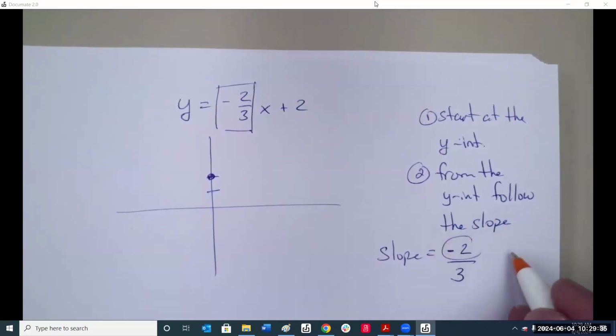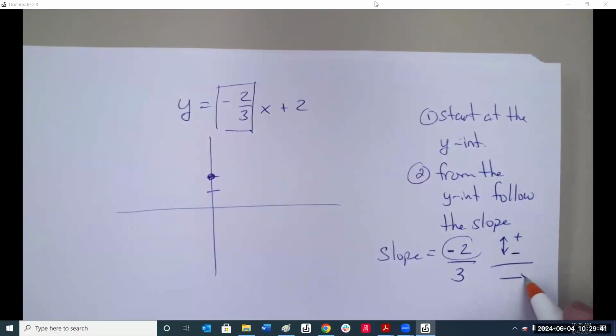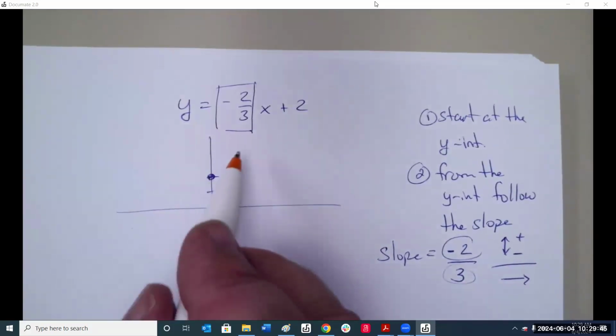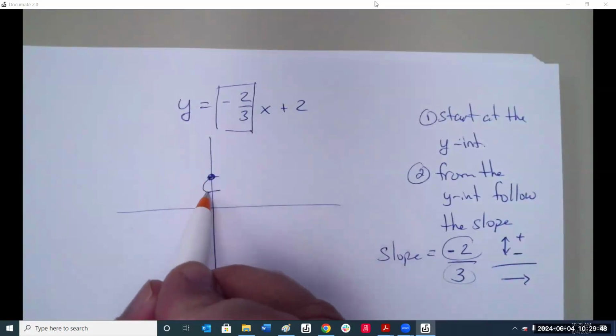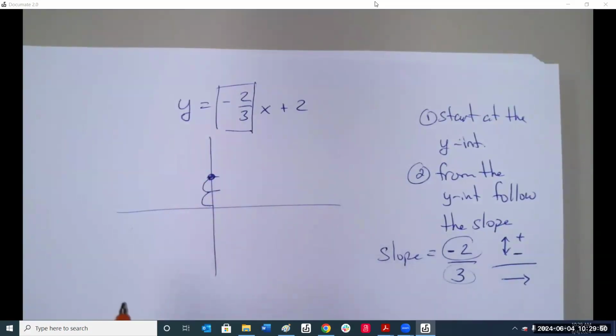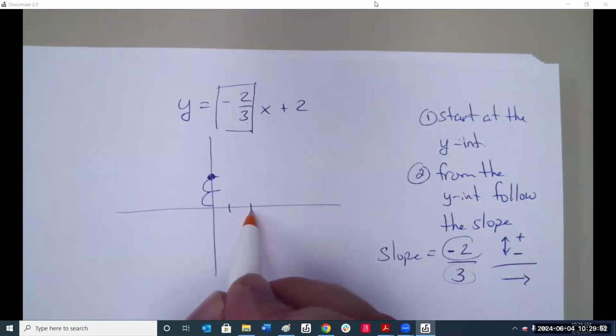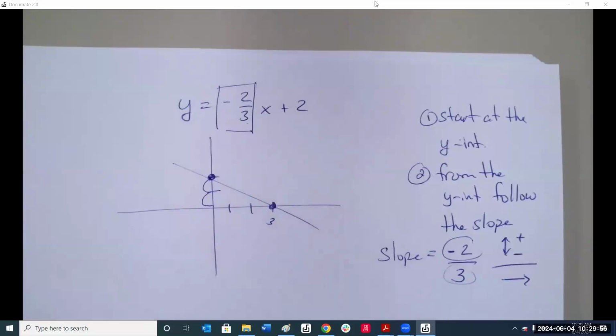The top number, remember, it goes up or down. It goes up if it's positive, down if it's negative, and always to the right. So this one says we go down 2 and then over 3. And there's our graph.